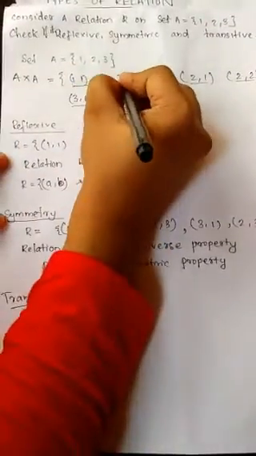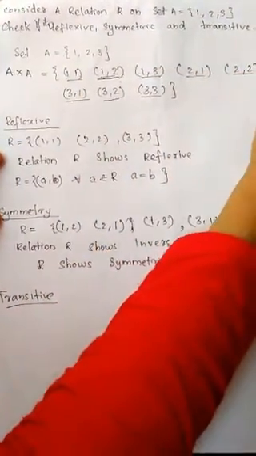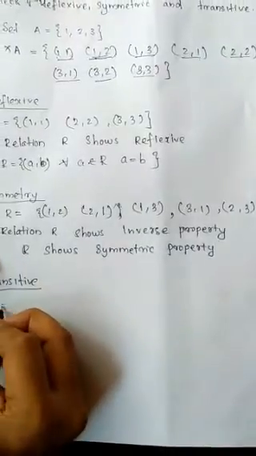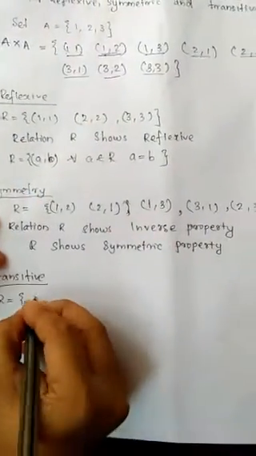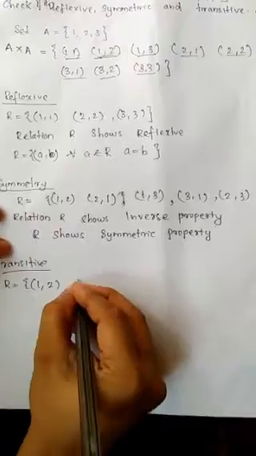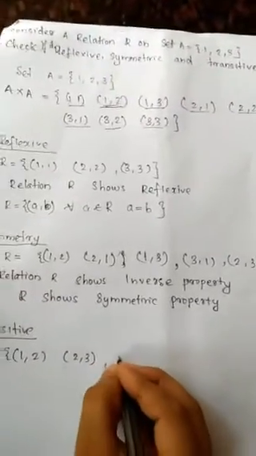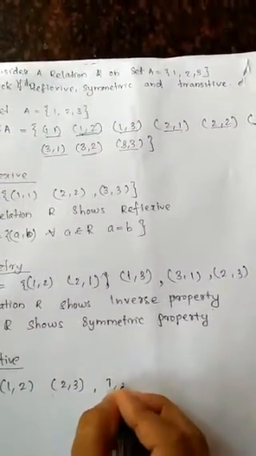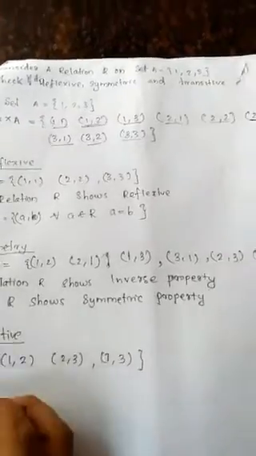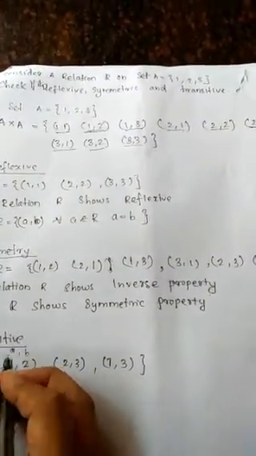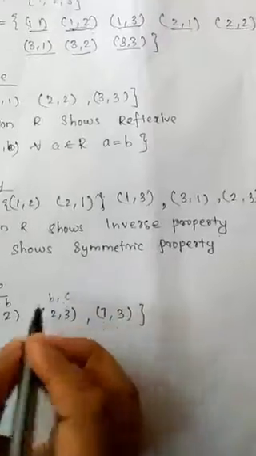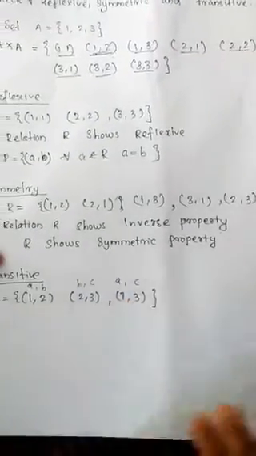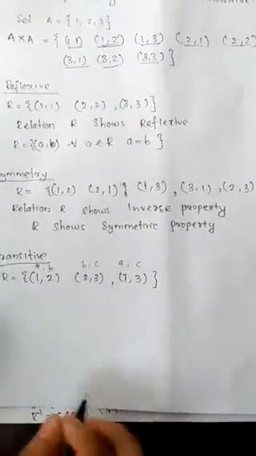Now just look, do any elements in the Cartesian product show the transitive property? Just look here, (1,2) and here (2,3). Given the Cartesian product (1,2), (2,3), and also one more, (1,3). Just look at this: we can say it as (a,b), here (b,c), and this is (a,c). So it shows the transitive property.